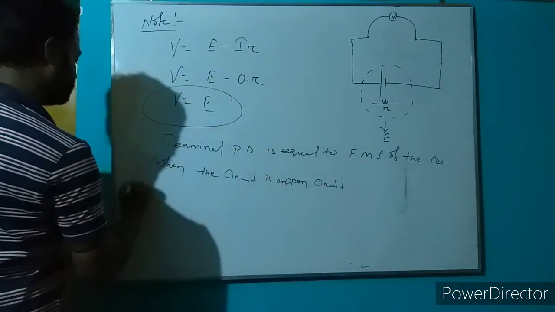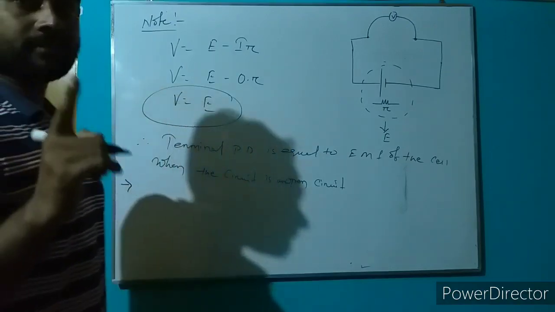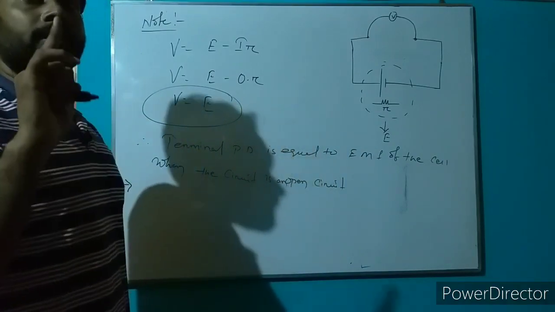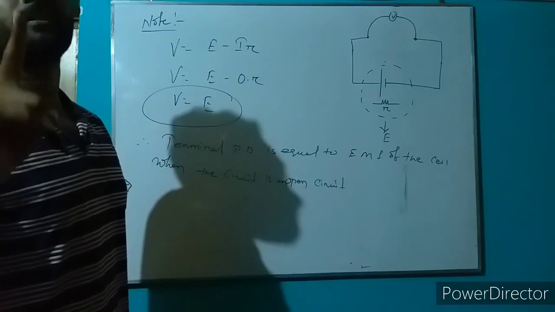Next point is, when the cells are charged, at that case the EMF of the cell is always less than the terminal potential difference of that cell.